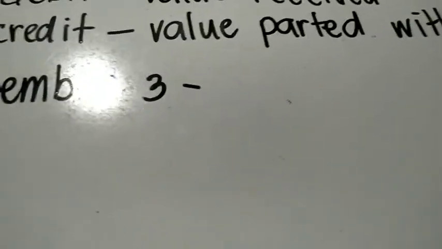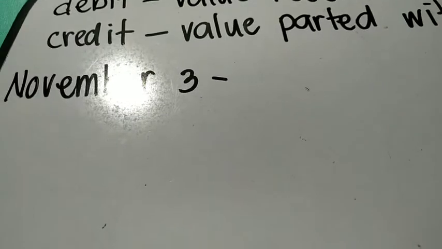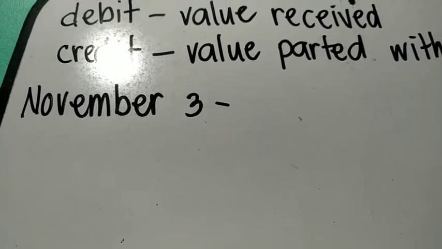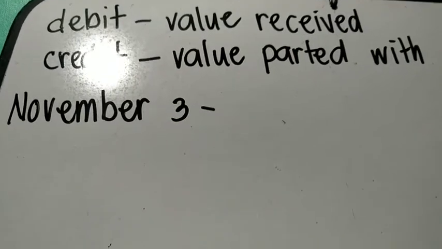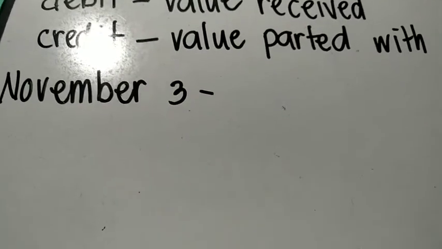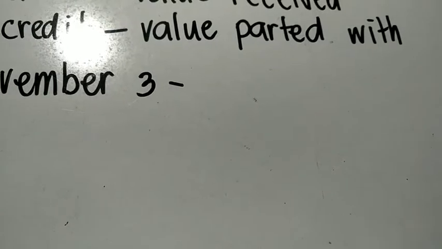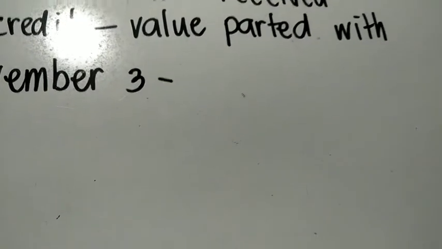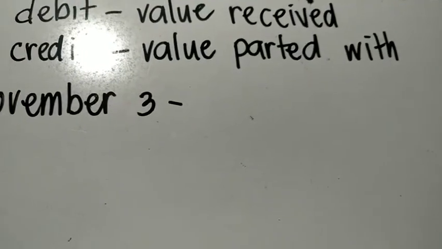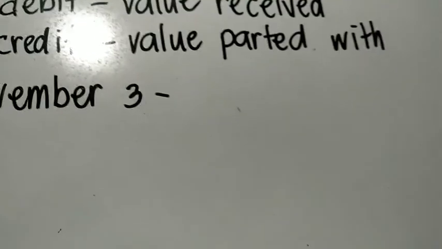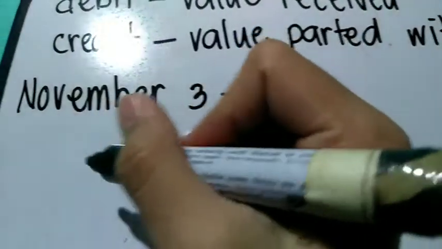When you journalize transactions, you have to put yourself in the situation of the business, as if you're the business itself, or you are the accountant of the business. So what did you receive when the owner invests money in the business? You received cash.